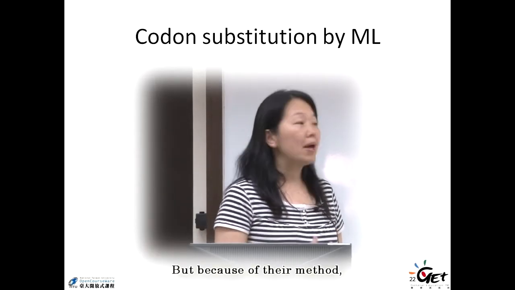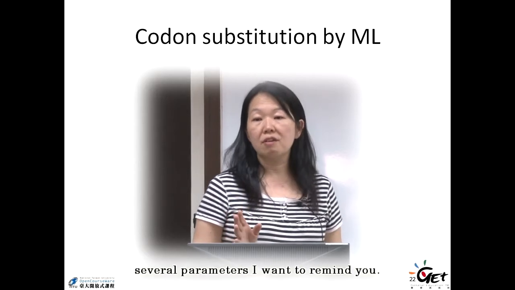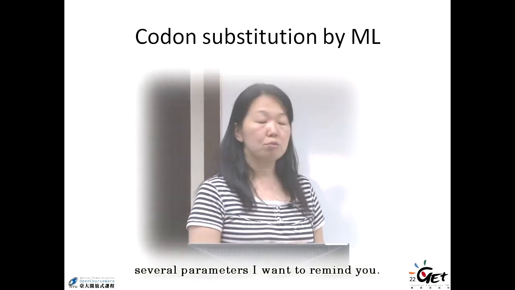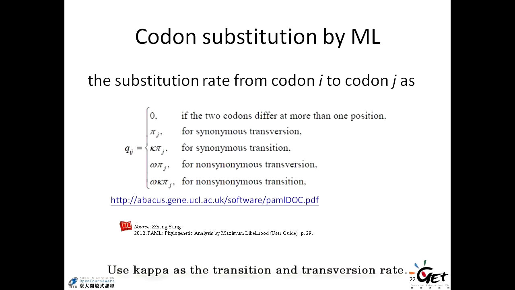Because of their method, there are several parameters I want to remind you of. Kappa is the transition and transversion rate, and we mentioned this in the previous lectures as well. And Ziheng invented omega as the Ka/Ks or dN/dS ratio, and that is widely used now.